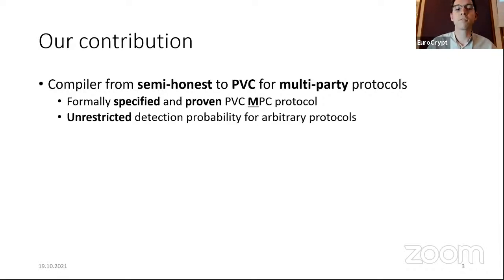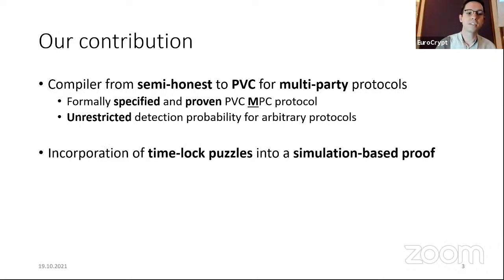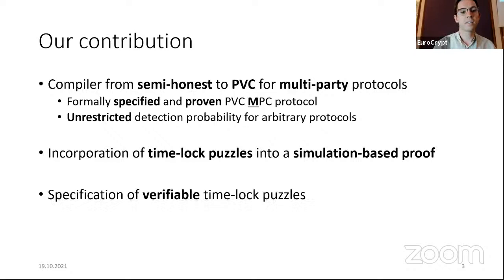And when I say we are the first, I want to mention that there's also concurrent work with similar techniques to ours and also similar results. Besides our major contribution, we also are the first to incorporate time lock puzzles into a simulation-based security proof, and we specify verifiable time lock puzzles. I will focus on the first part, the compiler.